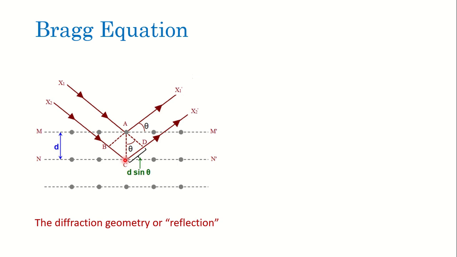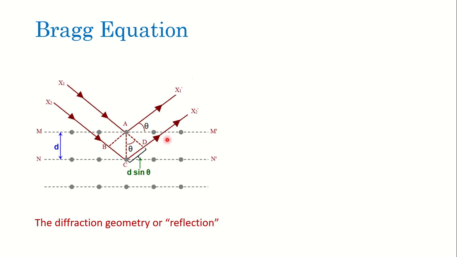This angle CAD is the glancing angle. Since CAM prime is 90 degrees and DAX1 is also 90 degrees, this one also is equal to theta. If CAD is theta, then X1AM prime is also theta.